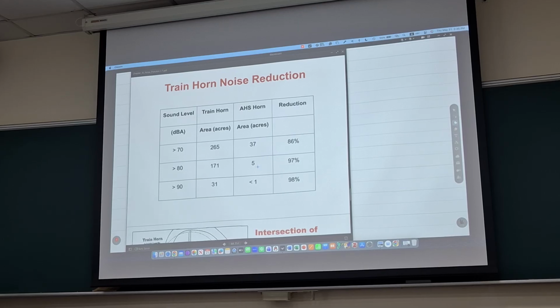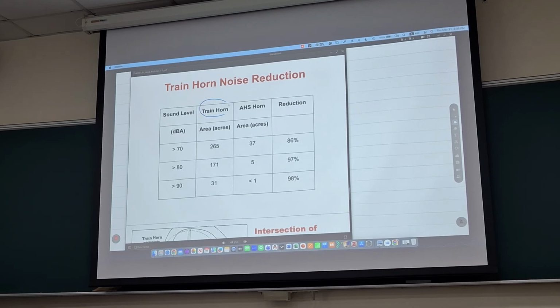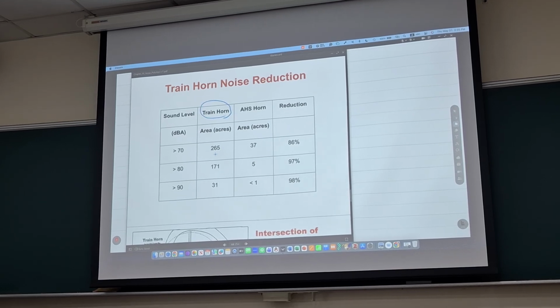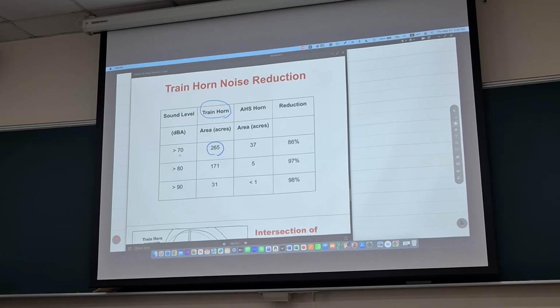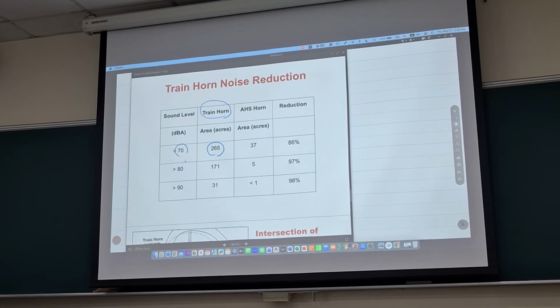Okay, so let's do some comparisons. The train horns produce noise above 70 dBA, okay?